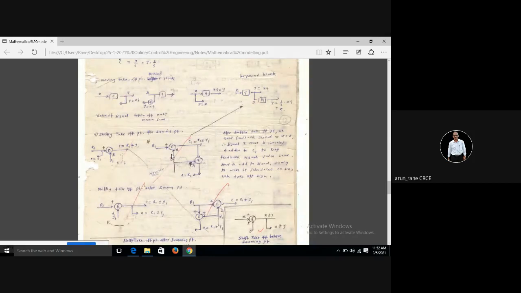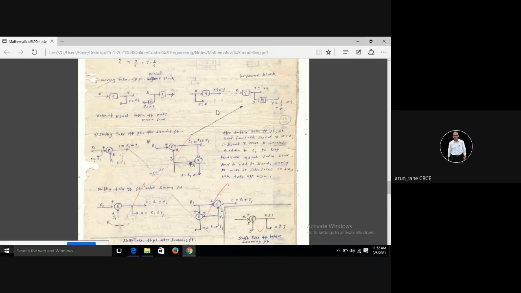Now the next is moving takeoff point beyond a block. That is, you want to move the takeoff point, that is this, behind a block. That is, earlier here is this, now you want to move this to this. Yes, sir.